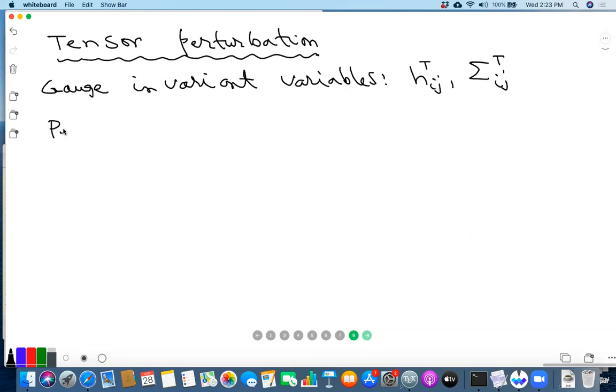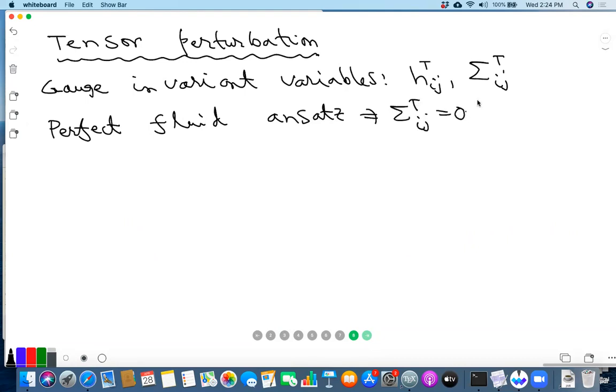And now again we use the perfect fluid ansatz. This sets sigma^T_ij to zero, that we have already seen. The whole of sigma_ij is set equal to zero.